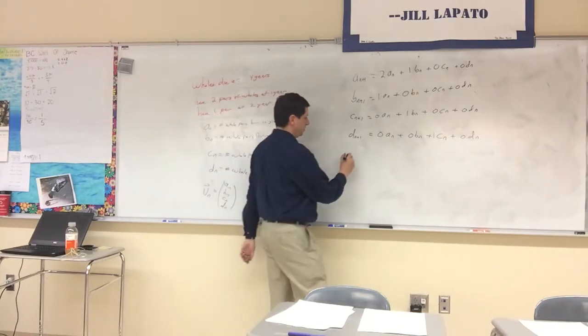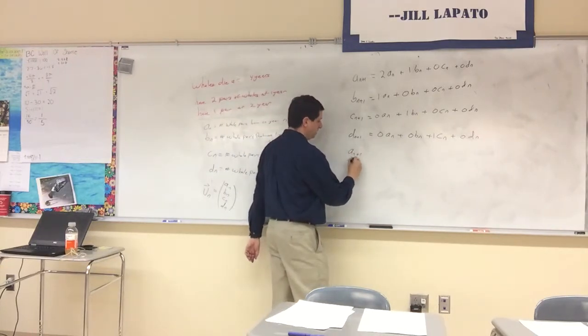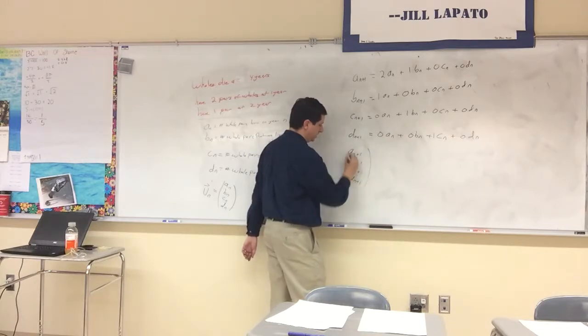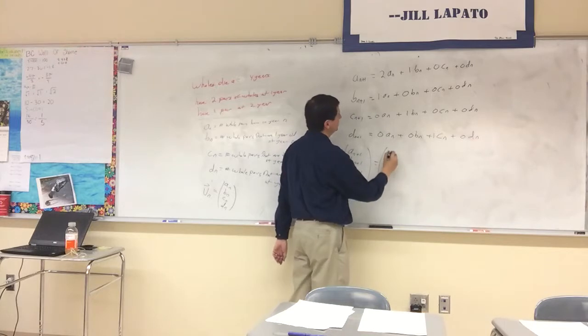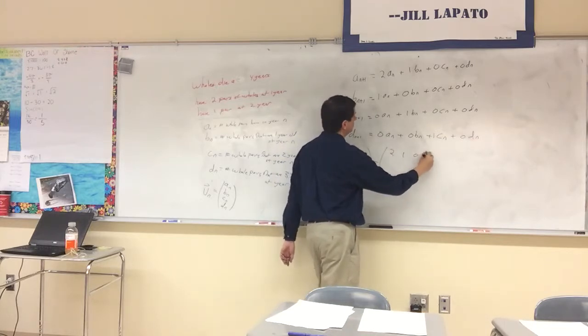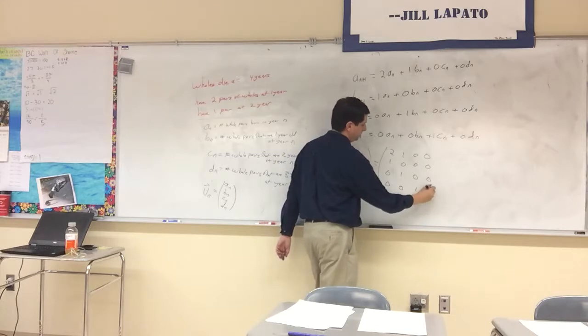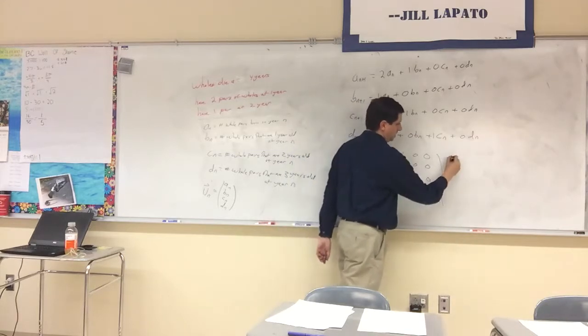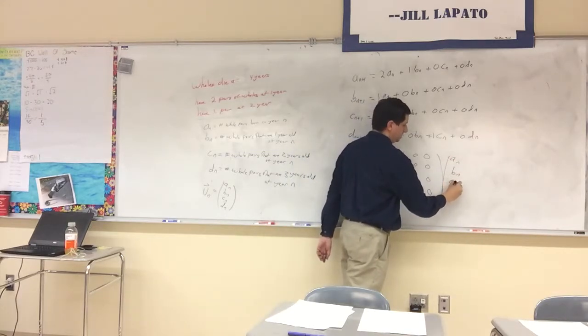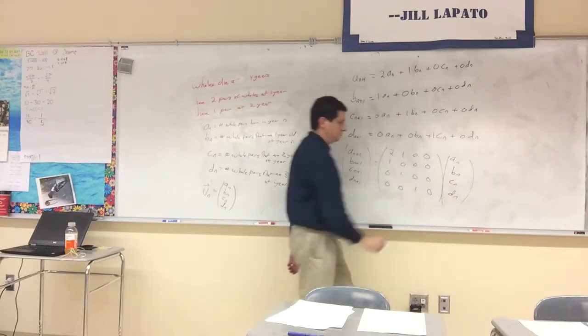So we get the following: an plus 1, bn plus 1, cn plus 1, dn plus 1 is just this bigger matrix now, 2, 1, 0, 0, 1, 0, 0, 0, 0, 1, 0, 0, 0, 0, 1, 0, times an, bn, cn, dn.